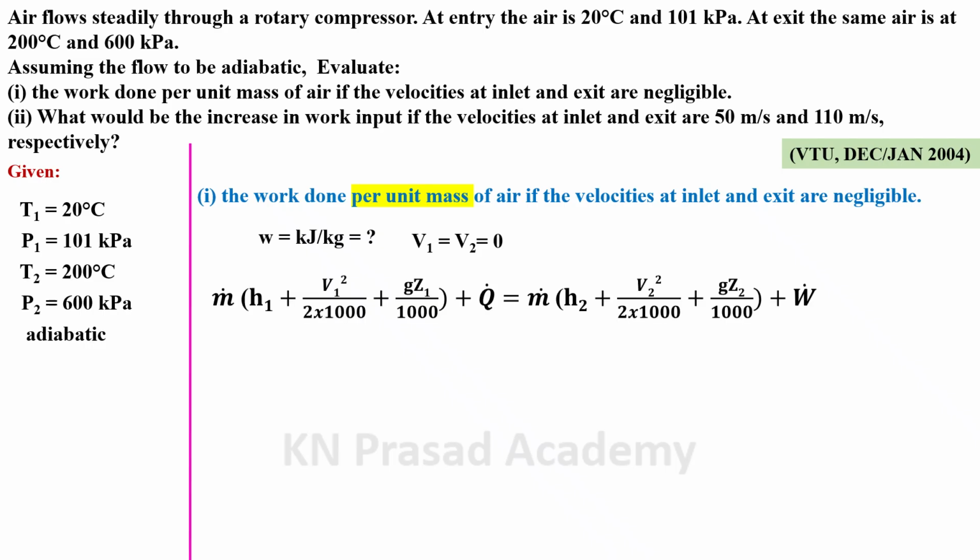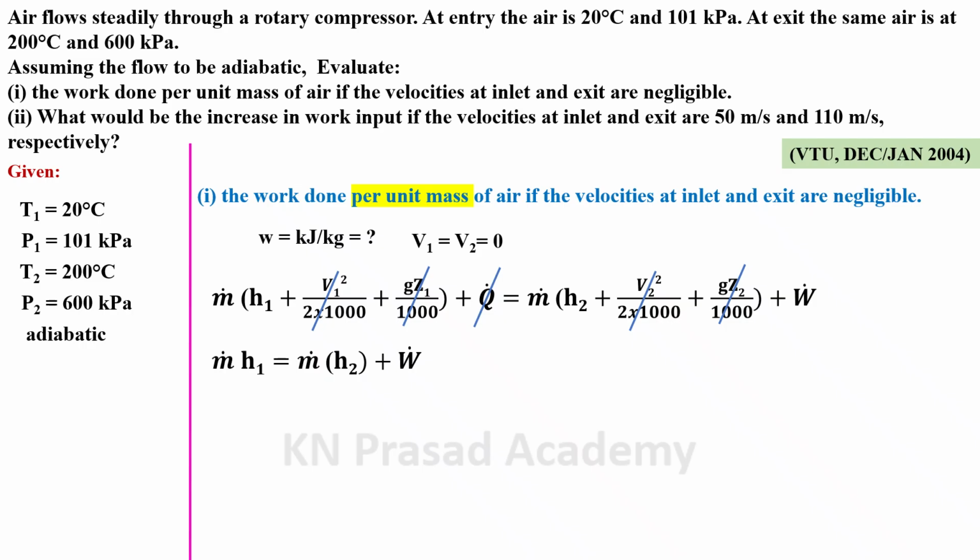So we know the steady flow energy equation. Here there is no potential energy and kinetic energy, and also adiabatic flow, so there is no heat transfer. Then this steady flow energy equation will become m1h1 equal to m2h2 plus W. Here W in the steady flow energy equation is kilojoule per second, but we have to determine kilojoule per kg.